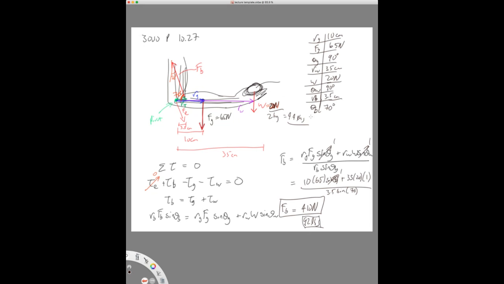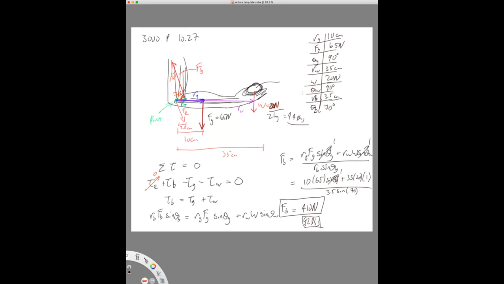So to lift, let's say 5 pounds, your biceps has to exert a force of 100 pounds. Now, you can lift a lot more than 5 pounds. So that's a ratio of about 20 to 1. So if you were to lift, let's say 20 pounds, 25 pounds with your biceps, doing an arm curl with 25 pounds, your biceps muscle is exerting 500 pounds of force, at least for this person.